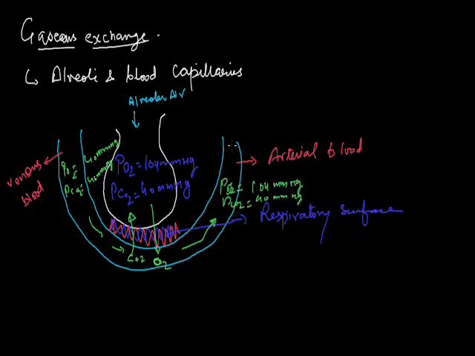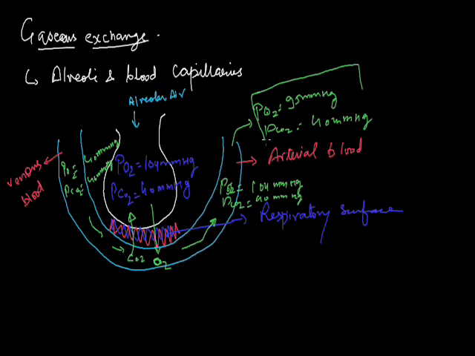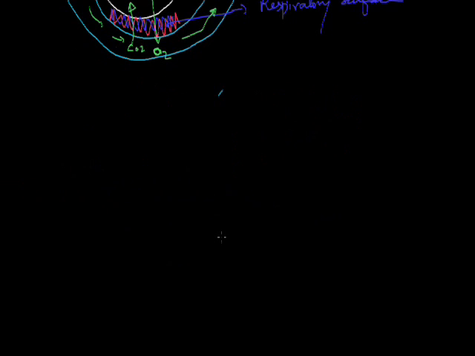Now as the blood goes further, the pressure will become constant, that is the oxygen pressure will become 95 mmHg, and the pressure of carbon dioxide will become 40 mmHg, and by this constant pressure the gases will travel into the body with the blood and will be moved to each and every part of the cell. So this is how the gaseous exchange is taking place in our body.